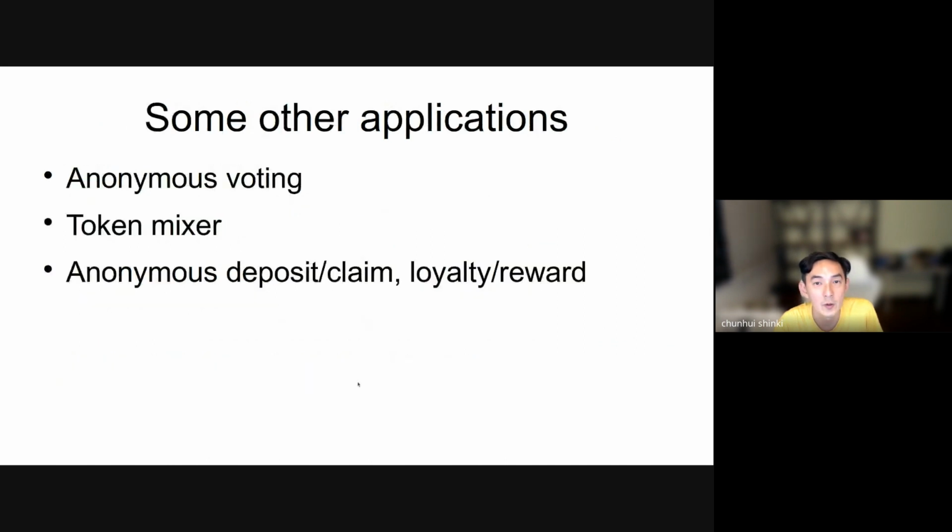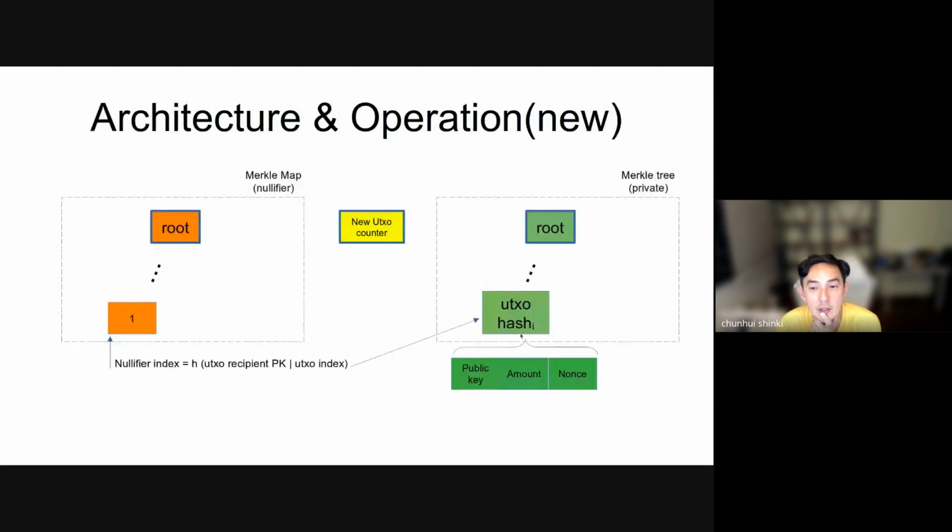Okay, so some of the applications of how you can use nullifiers: if you want to do some kind of anonymous voting, you could use a similar structure where you calculate a nullifier and then set a Merkle map entry to 1 for every voter that has voted.